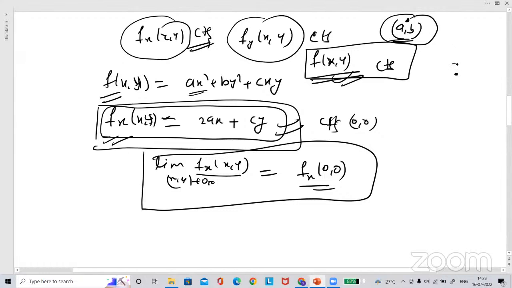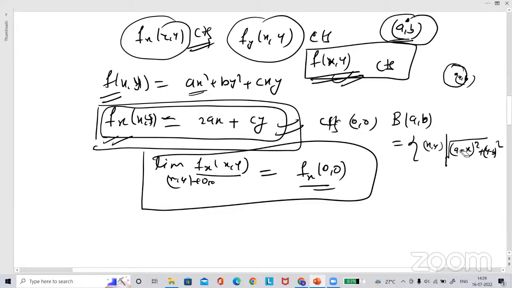Open ball means, around (a, b), the definition is the collection of those points such that (x minus a) whole square plus (y minus b) whole square is less than 1.